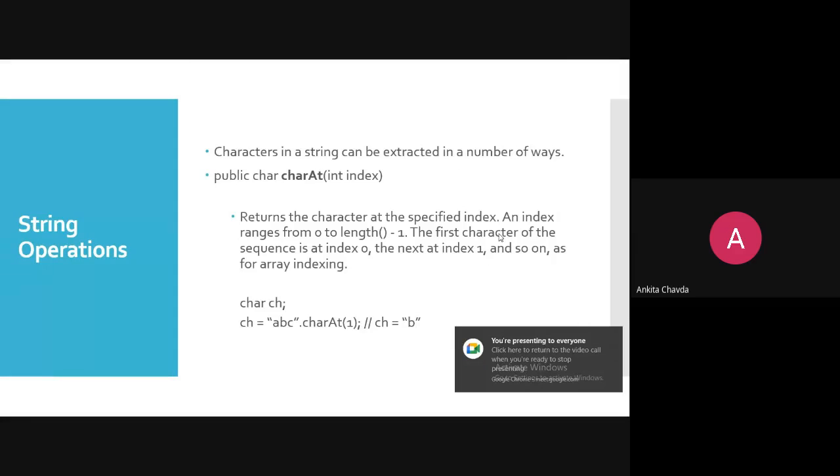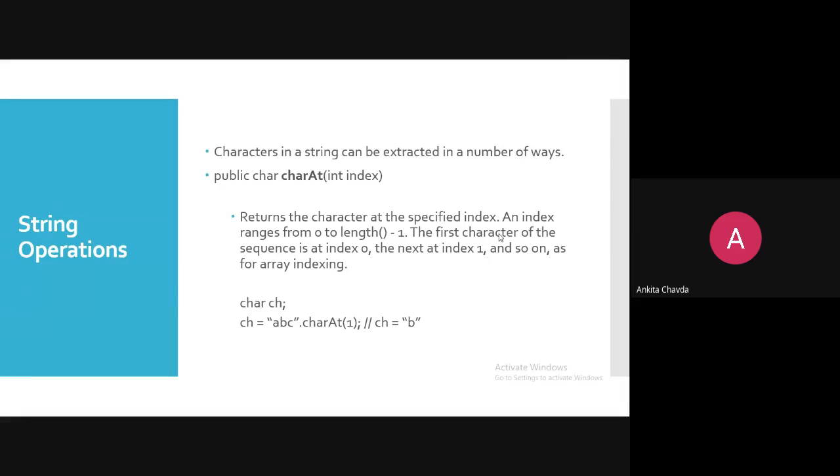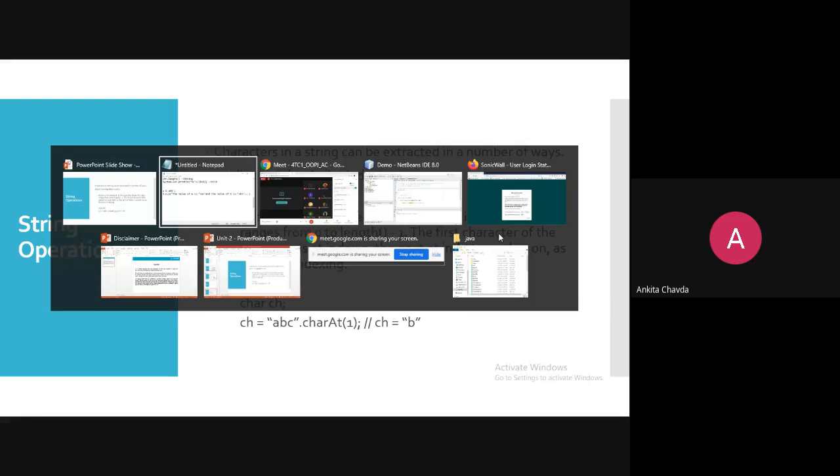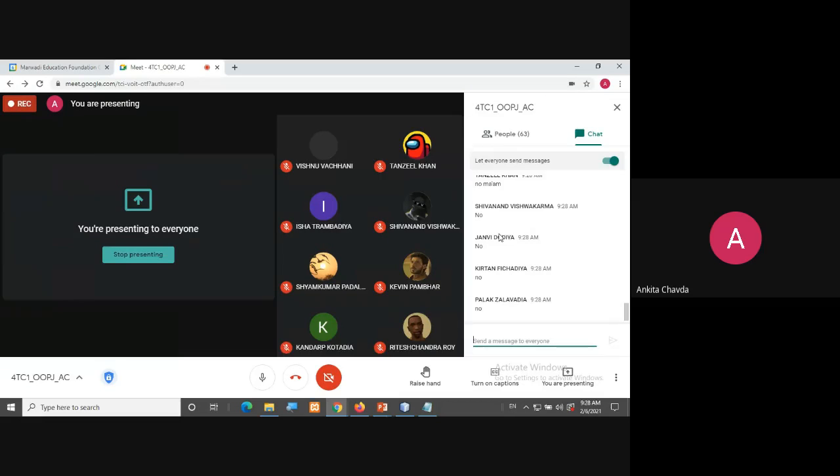Then here I'm having the very first most important function, or most important method I can say, that is charAt. If you remember, I said that there are no parsing methods or anything provided in command line argument as well as in the Scanner class, like nextChar, something like this.